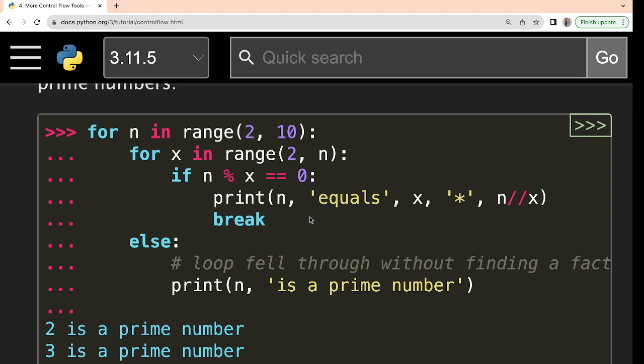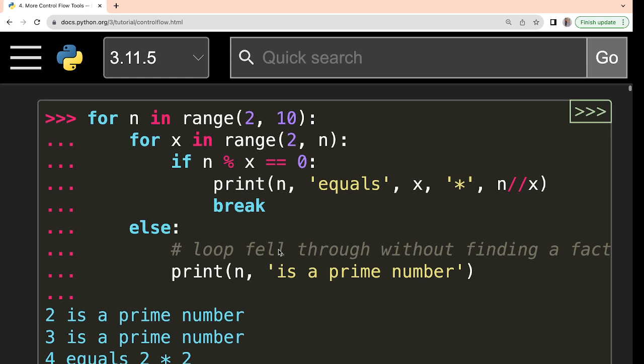Once you already know it is not prime, there is no point checking further, it would consume unnecessary computational power. So it is better that we break there and move to the other number. That is why the break statement is used here.